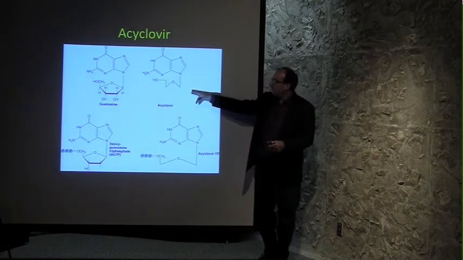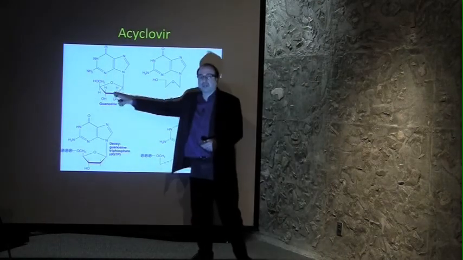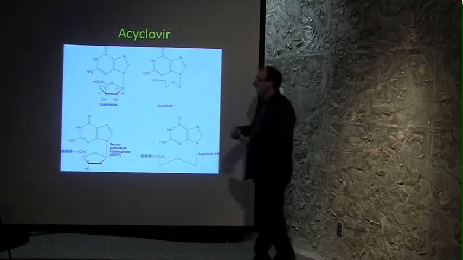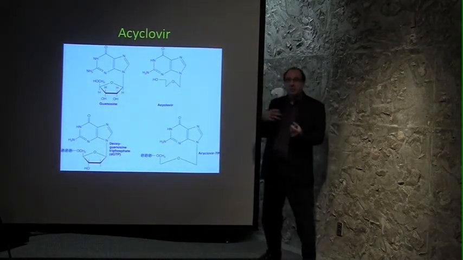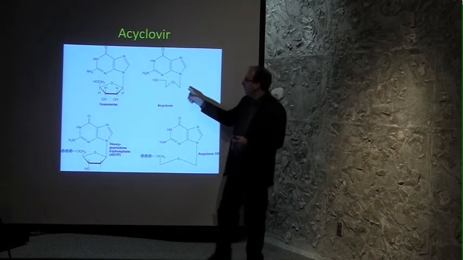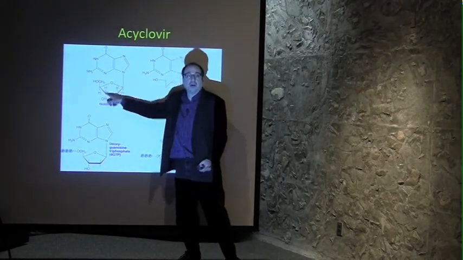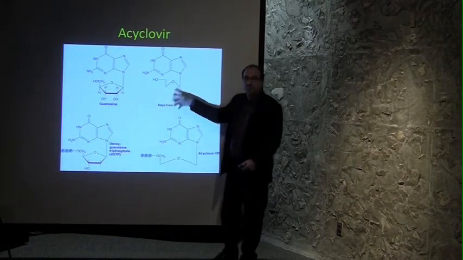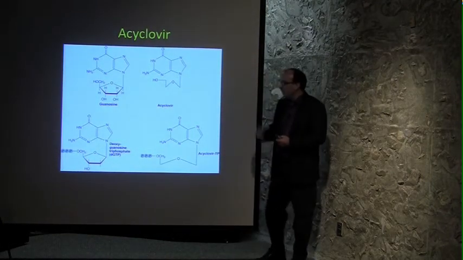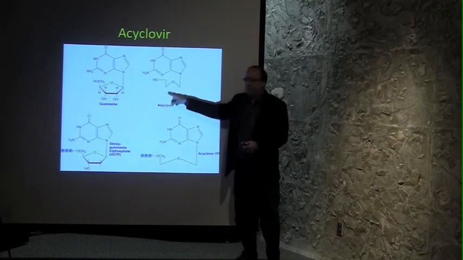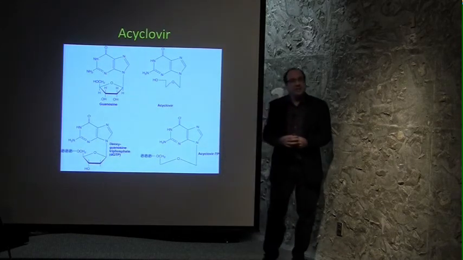So here's the structure of acyclovir, and this is the structure of the guanosine nucleotide. And what you can see is that the structures are remarkably the same, except for this carbon ring here. In particular, there's no hydroxyl group here where the 3' carbon would be. So this drug lacks the 3' carbon and the hydroxyl group attached to it.